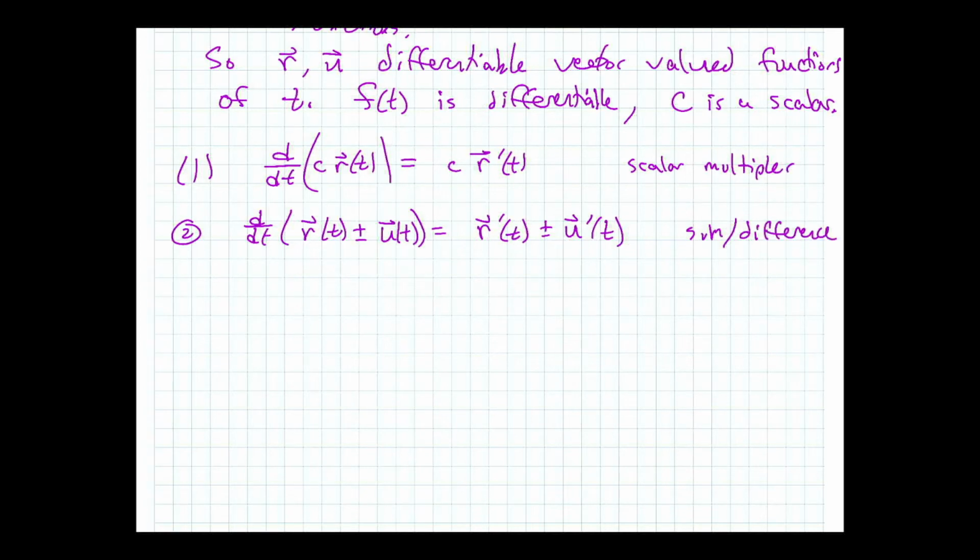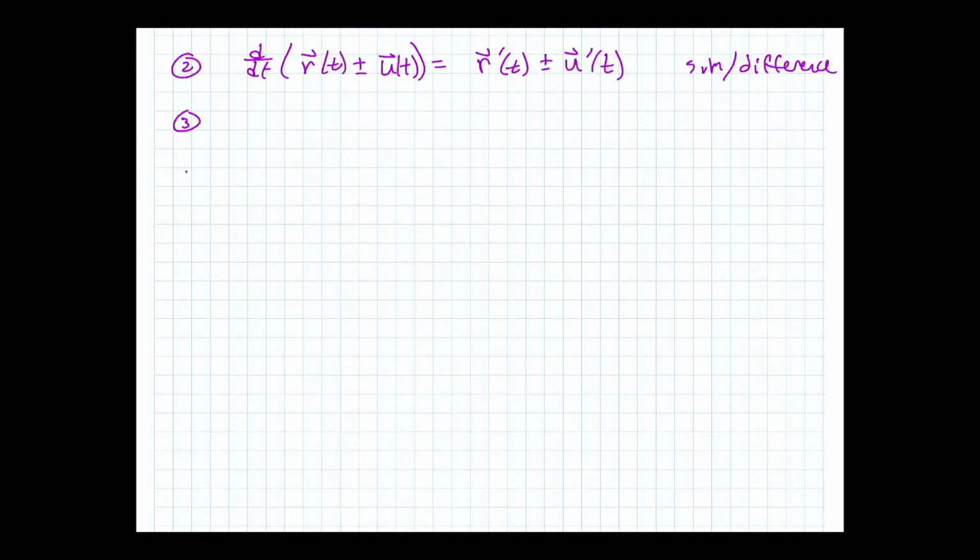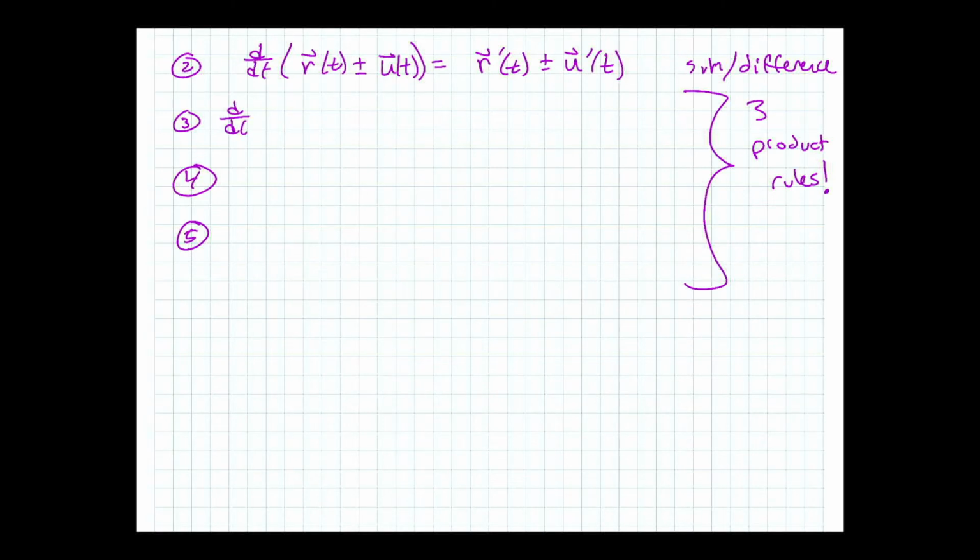Then what we get is going to be three different product rules. Actually, hold on. One, two, three. Yeah, three different product rules. So basically, you know the product rule.